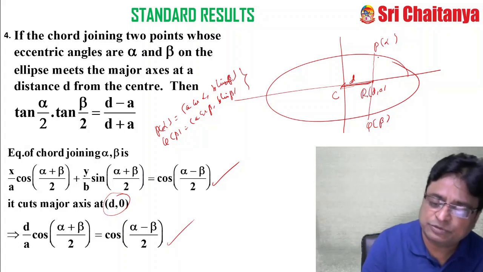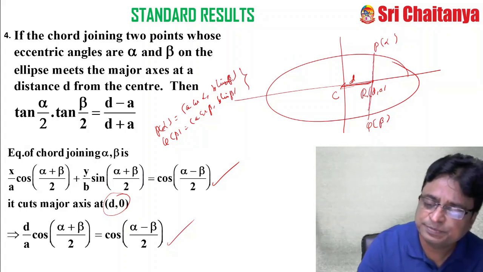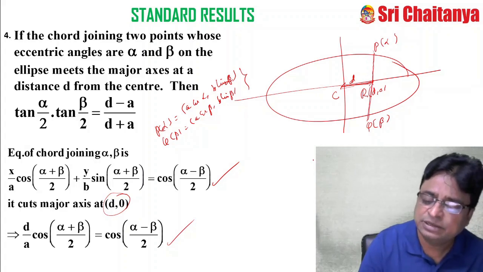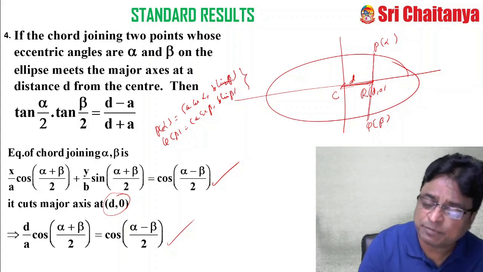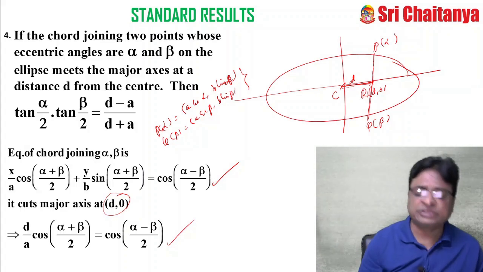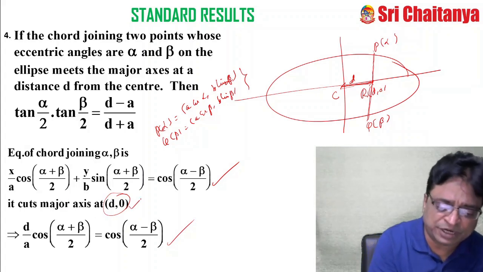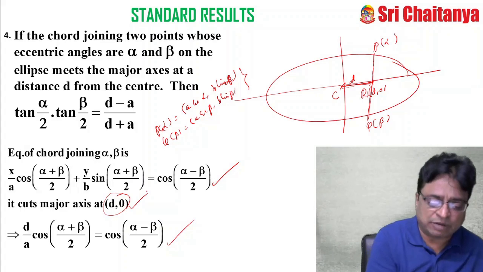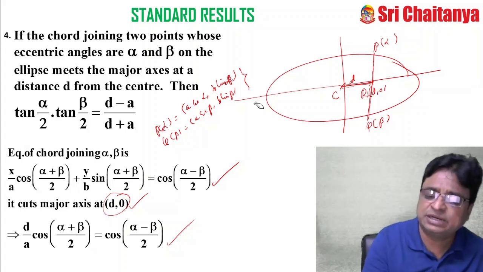So please try to draw the diagram very neatly. This is the chord, and this chord intersects the major axis at some point, and the distance between the point and the center is d. Therefore, the coordinates of the point are nothing but (d, 0). That means the chord is passing through the point (d, 0). Now I have substituted, and I got this result.